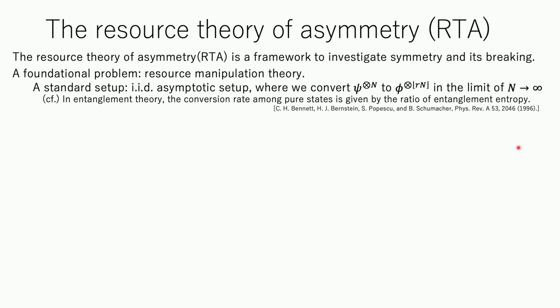A standard setup is an i.i.d. asymptotic setup where we convert copies of a state into i.i.d. copies of another state with an asymptotically vanishing error. For example, in Fermat's entanglement theory, the conversion rate among pure states is given by the ratio of the entanglement entropy. So this property makes the entanglement entropy special amongst other entanglement measures.